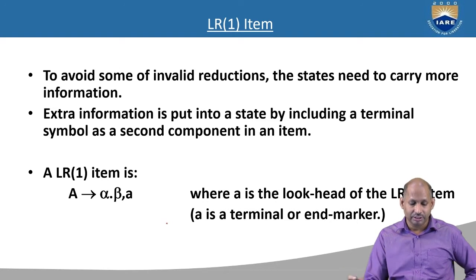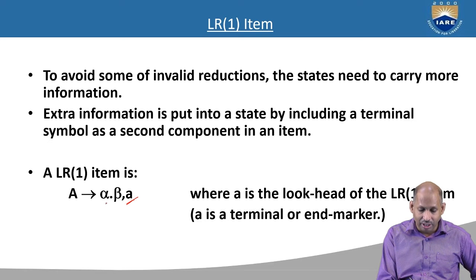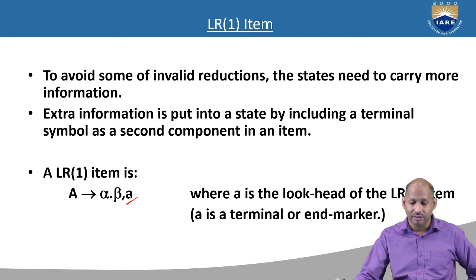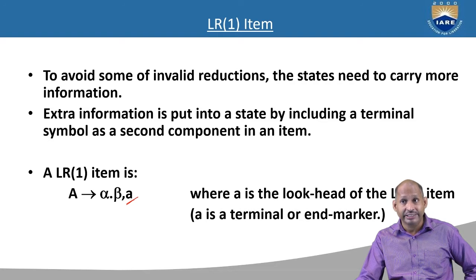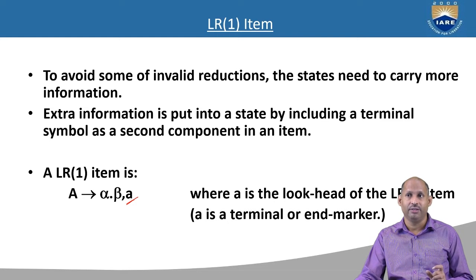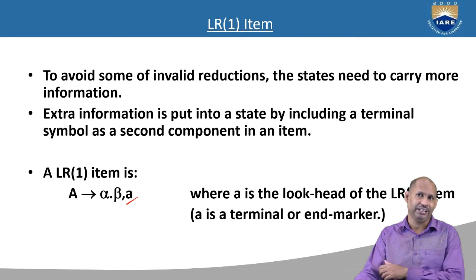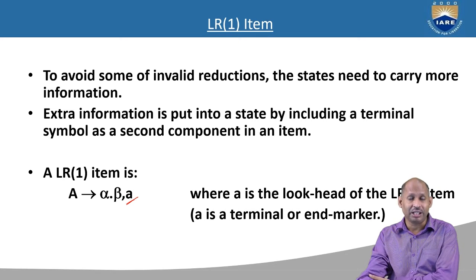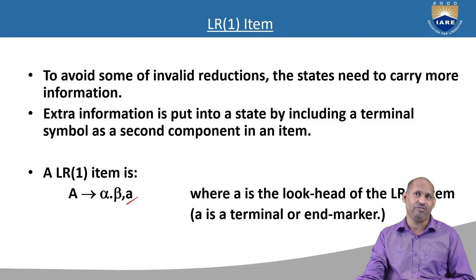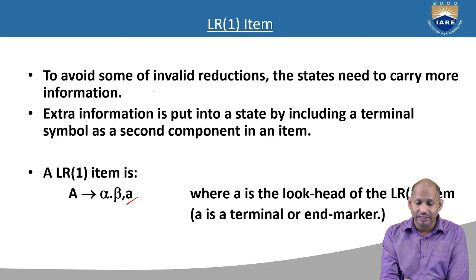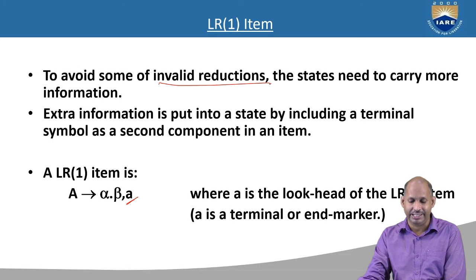Here, A gives alpha dot beta comma a, where a is the lookahead of the LR(1) item. So a is a terminal or the end marker. We add this additional information to avoid some invalid reductions.